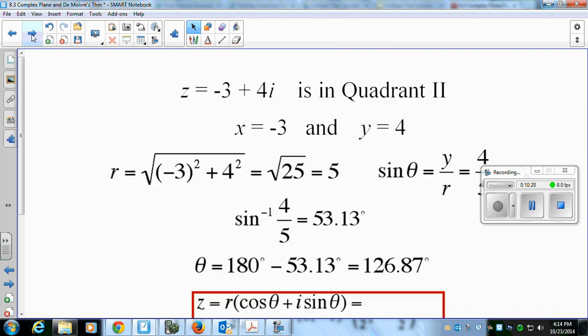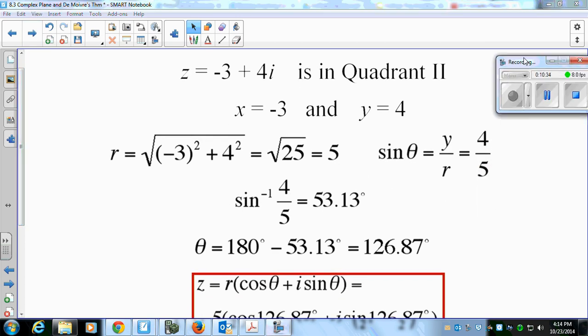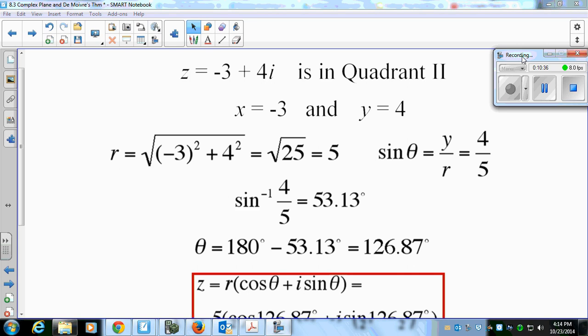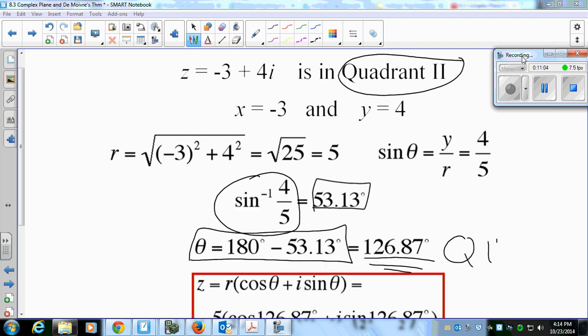What I want to look at here is how the book walked through it. Notice that instead of doing tangent, they use inverse sine. Recognizing that they had 4/5, they know that it's a quadrant 2 angle. They use sine because they know it's going to be positive in that quadrant. You get your principal angle of 53.3 degrees, so they still have to do 180 degrees minus that 53 degrees to make sure you get a quadrant 2 angle.